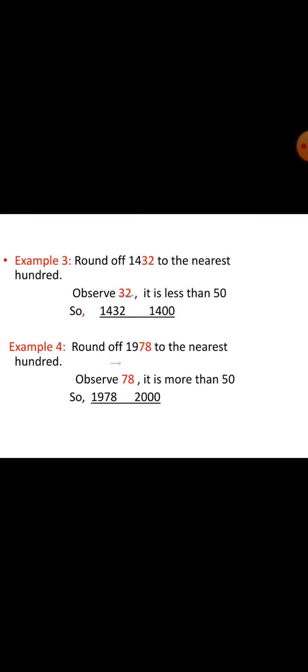Now what is the next 100 after 900? That becomes 1000. So here what will happen? The next 100 will make the number 2000, because after 900 there is no other 100. What happens? The 1000 place changes. Okay, so 1978 will be rounded off to 2000.